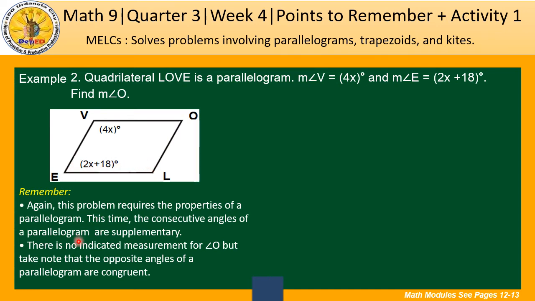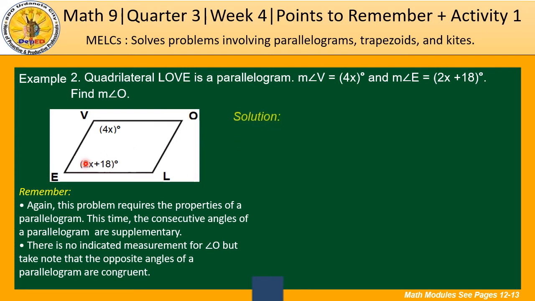As you can see, there is no indicated measurement for angle O, and that is what is required. But take note that the opposite angles of a parallelogram are congruent, so we will use that property.